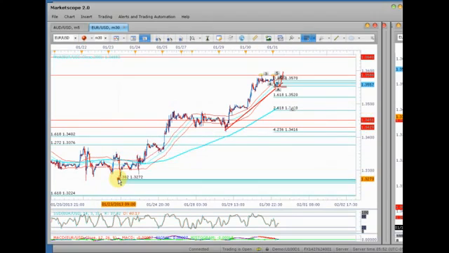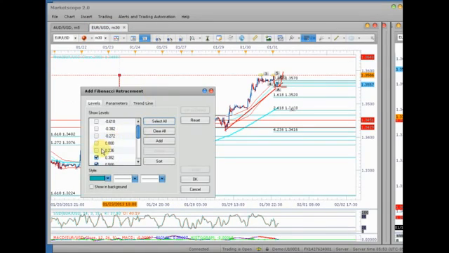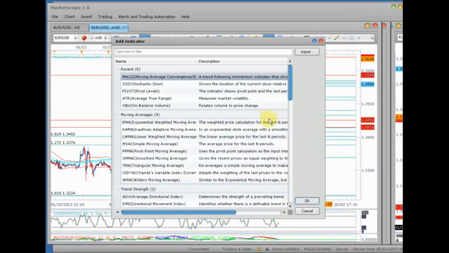I'll take my fibs from this low, call it 32.73, go up to my highs right there around the 35.86, and then I'm going to add a 23% retracement, and you can see that my 23% retracement is at 35.12. My 1.618 is 35.20, and then now I'm going to add my commercial support and resistance areas called pivot points, which are included in your market scope charts.